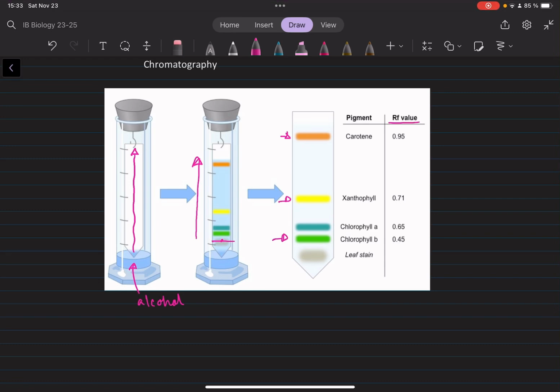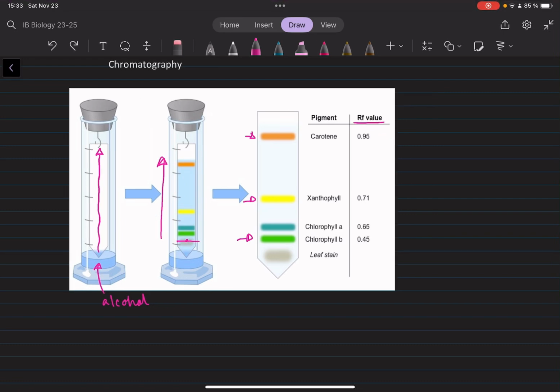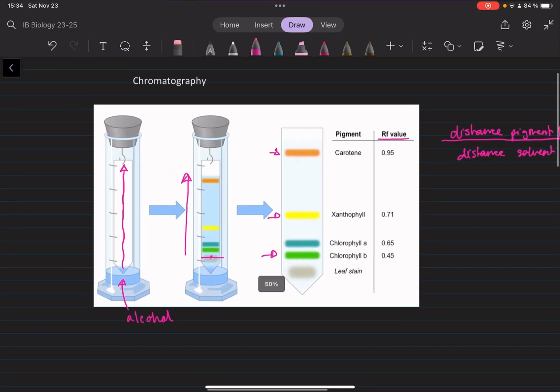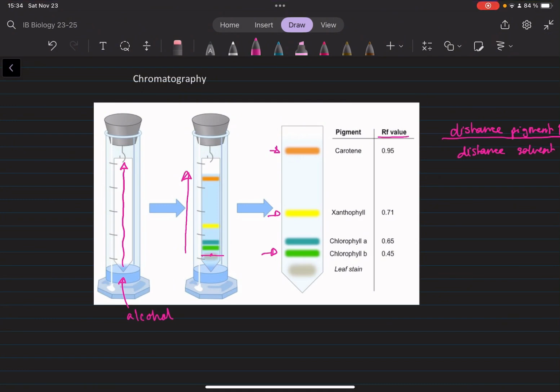It's essentially a ratio, calculated by dividing the distance the pigment traveled by how far the solvent traveled. You can see it in this diagram. Carotene traveled quite far, pretty close to the solvent, which means its RF value is higher than chlorophyll B, which traveled very little compared to the solvent.